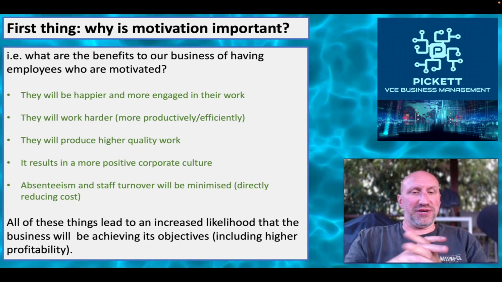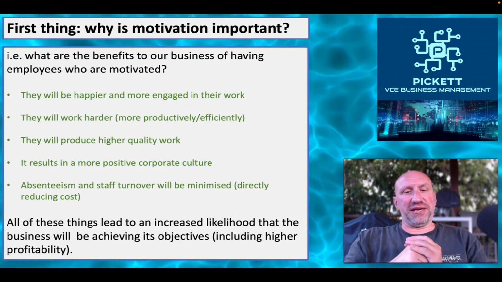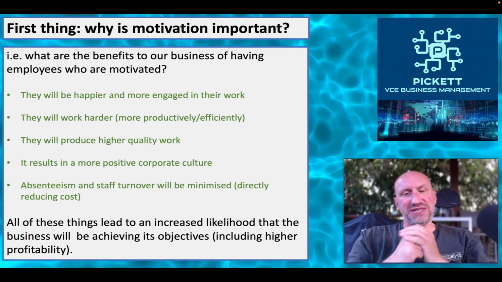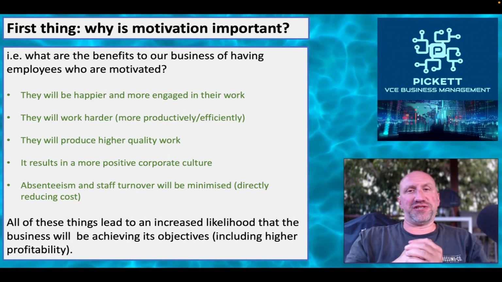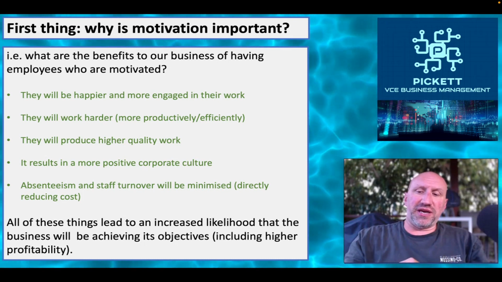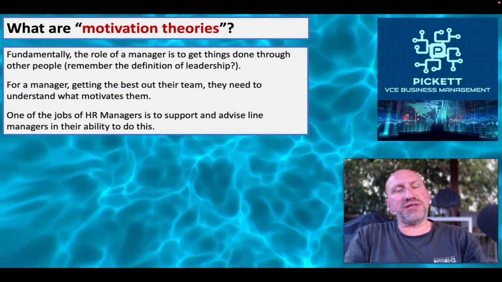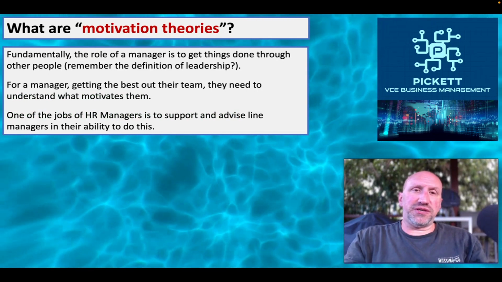So we're going to minimize that. All of those things combined basically lead to an increased likelihood that the business will be achieving its objectives, including higher profitability, which, as we know, pretty much for any business is going to be one of the key objectives. So we know now why motivation is important.